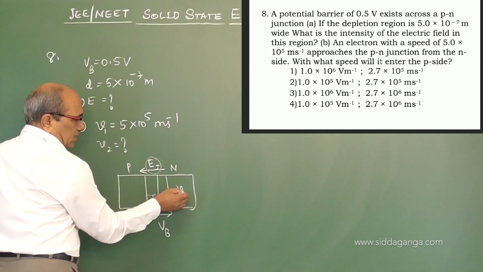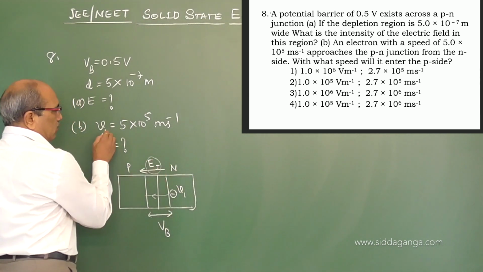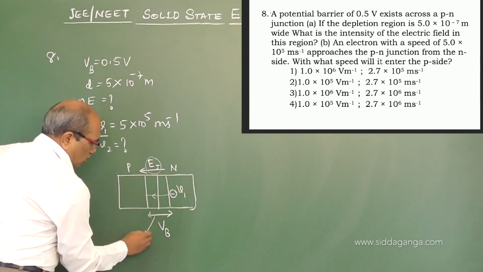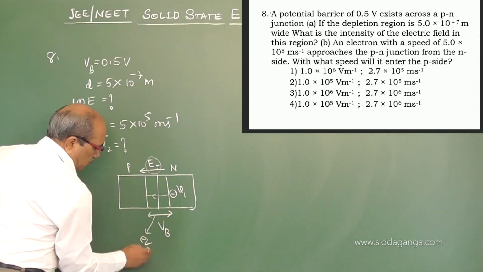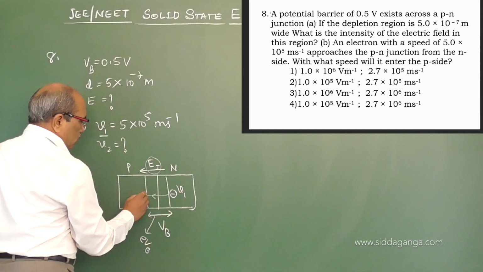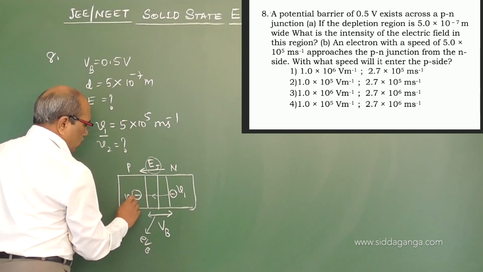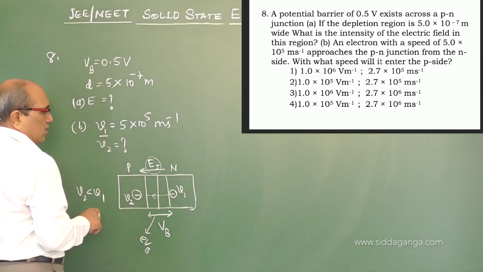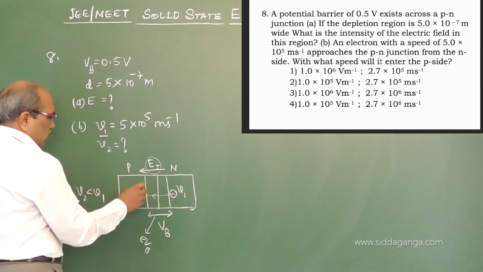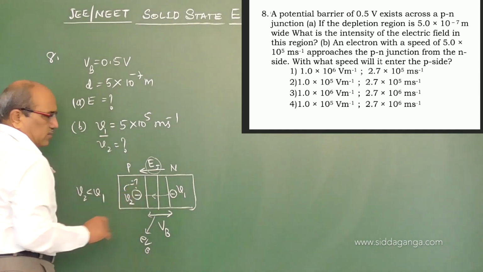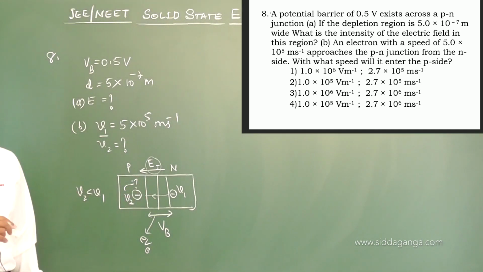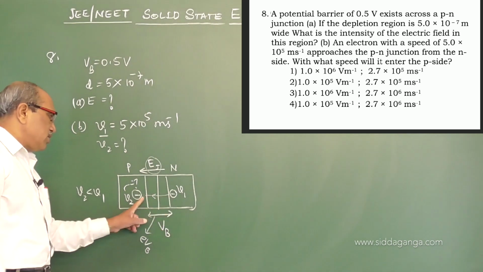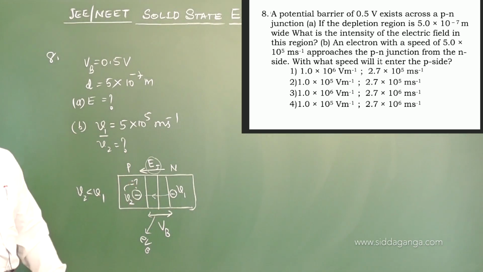Of the kinetic energy it has here by virtue of its speed, something is lost. That loss of energy is eVB. When it comes to this region, it will have V2. V2 is found to be less than V1. So the question is, we have to find what the V2 value is.